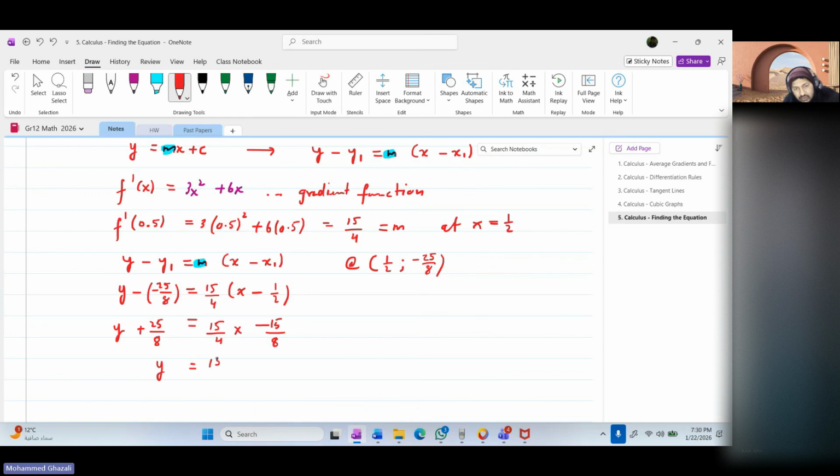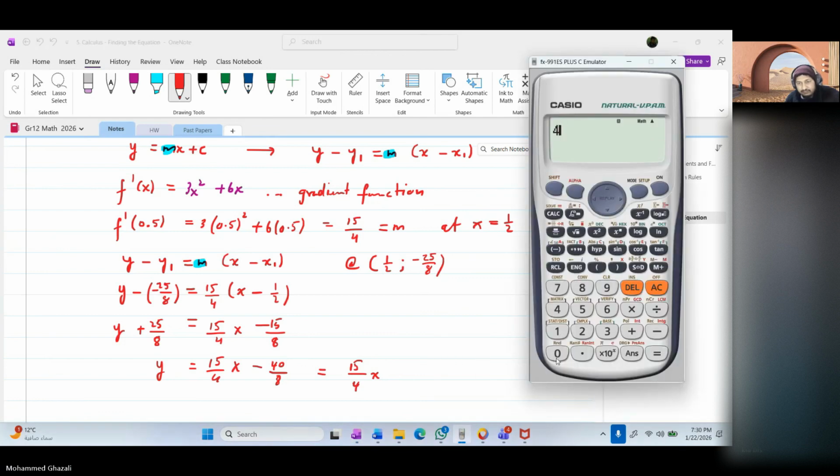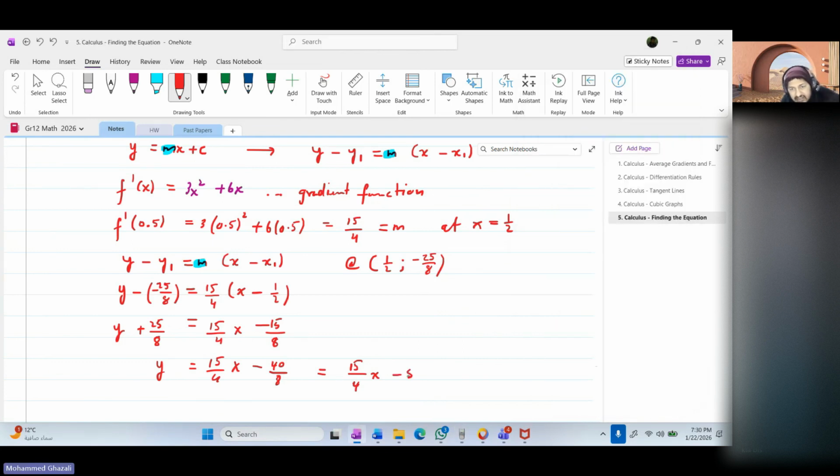So y is equal to 15 over 4 x minus 15 minus 25, which is minus 40 over 8. And 40 over 8 is 5, 40 divided by 8. Yeah, that is 5. Right, so minus 5.